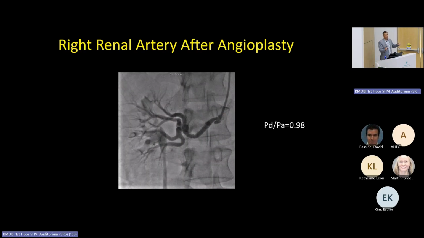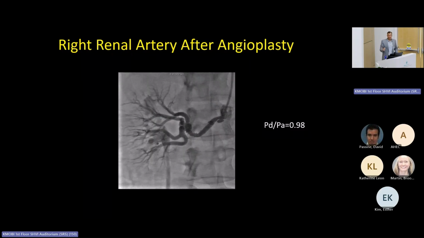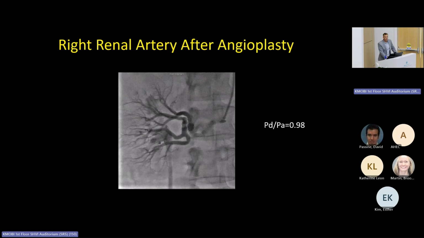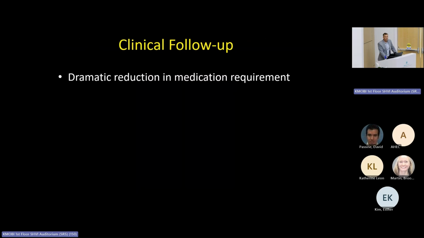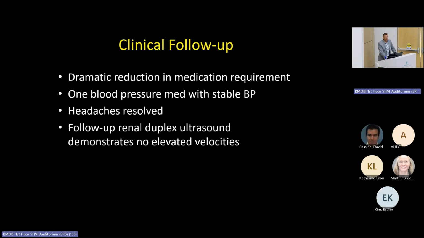So we proceeded with the balloon angioplasty on the right. We did a post-procedure gradient, and that ratio is now over 0.9, so it was a successful procedure. There was dramatic blood pressure reduction, she was stable on one medication, headaches improved, and the follow-up renal ultrasound was normal.